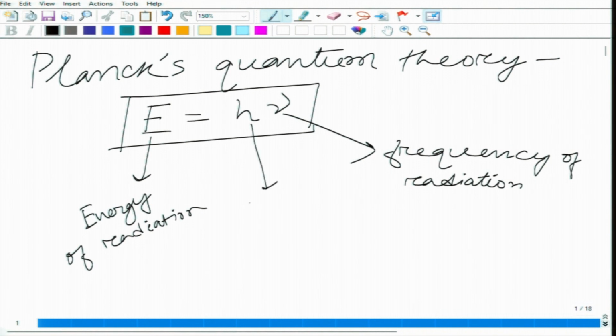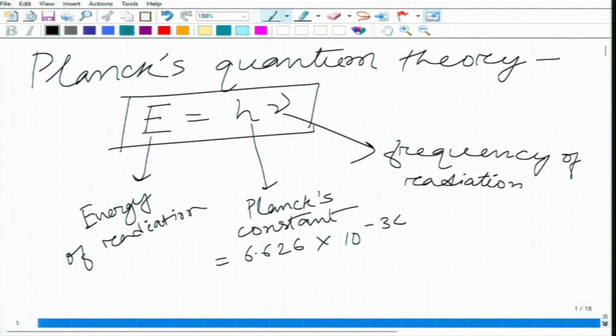And h is known as the Planck's constant, and it has a value of 6.626 into 10 to the power minus 34 joule second. So, this is the Planck's equation.